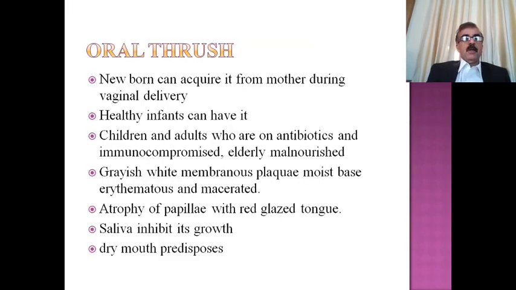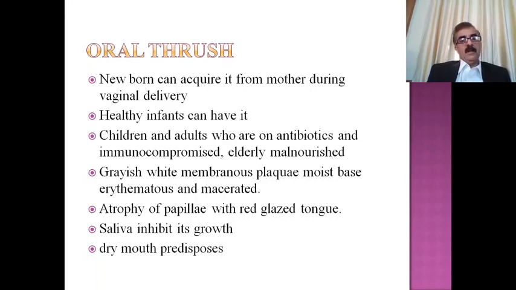When we talk about the clinical presentation of candidal infection, there are various presentations. We will discuss one by one. The first is oral thrush. Oral thrush can start as early as when a newborn is there, and the newborn acquires this infection from the mother during vaginal delivery.